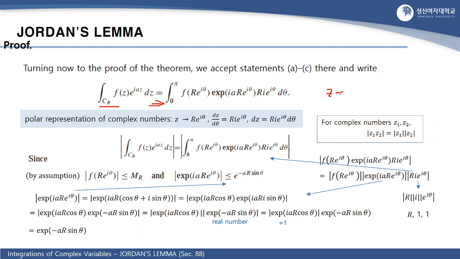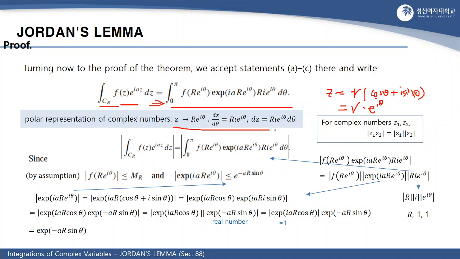With this, g can be expressed by R times e to the i theta. So we can convert from this into this by using this.